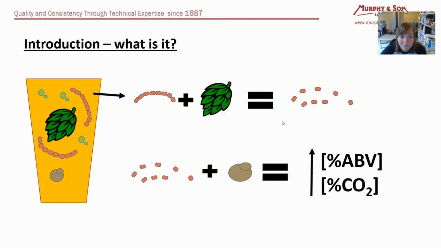This can be a problem if you still have some yeast in suspension or any viable microbe, as it can metabolize these now fermentable sugars and turn them into ABV and carbon dioxide. So this can cause problems further down the line.